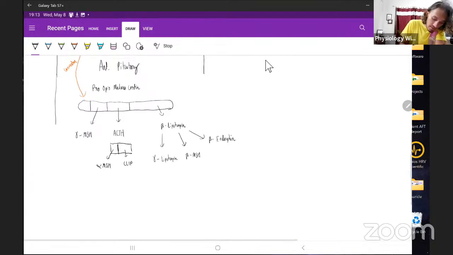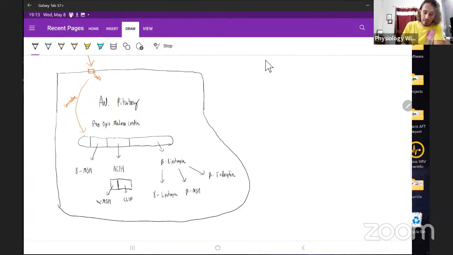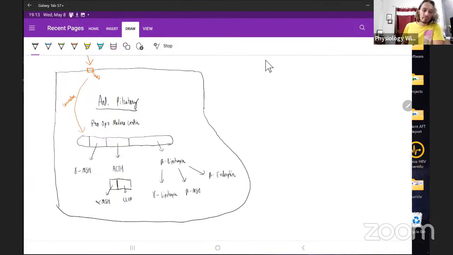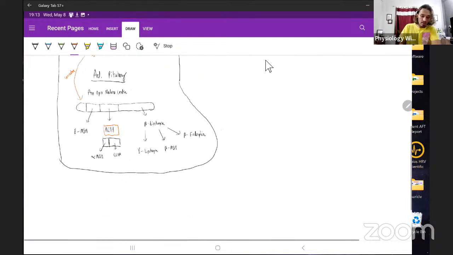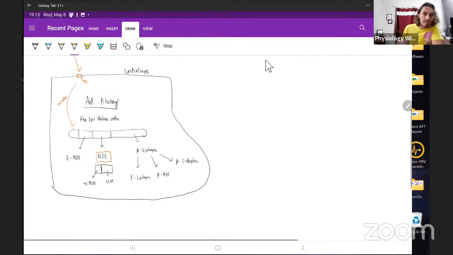So this is your corticotrope inside your anterior pituitary, from where your ACTH is finally released. We'll talk about the importance of this MSH and all that later, so just understand this for now.